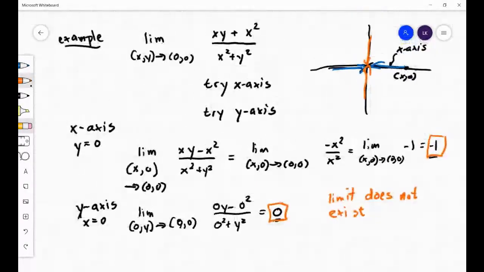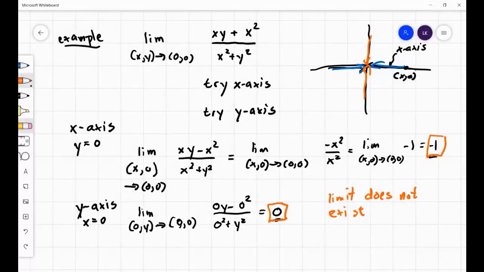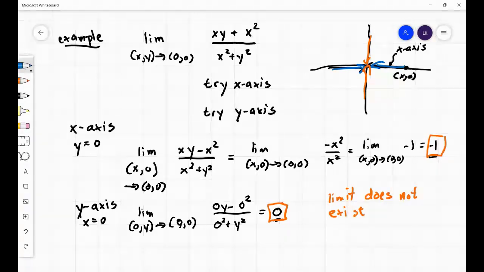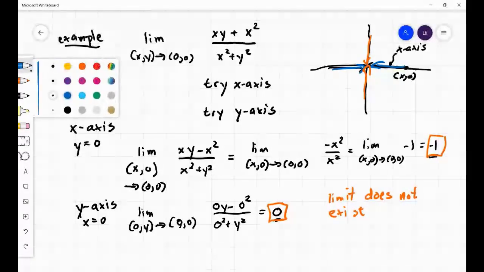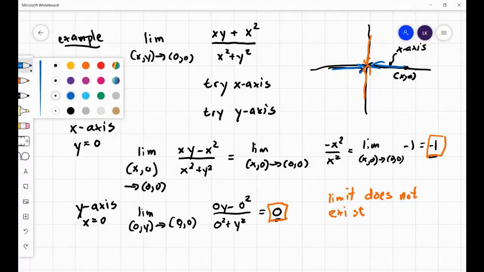So for the next example, maybe we can approach the origin along some arbitrary line, which is not necessarily vertical nor horizontal. Maybe we can check a line that has a certain slope.